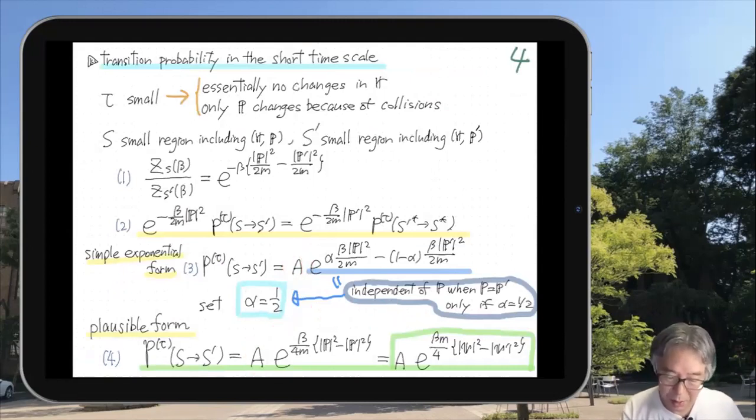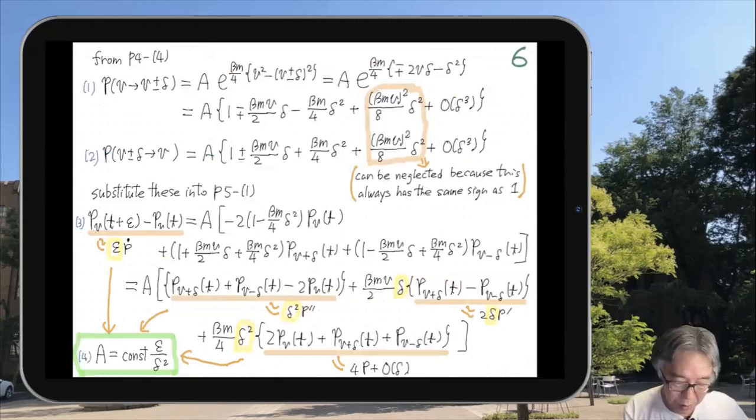But anyway, I said it's constant. But it's a constant in the sense that it doesn't depend on p and p prime. So now we choose this constant as some constant times epsilon divided by delta squared. Right? Then this will take care of these small factors.